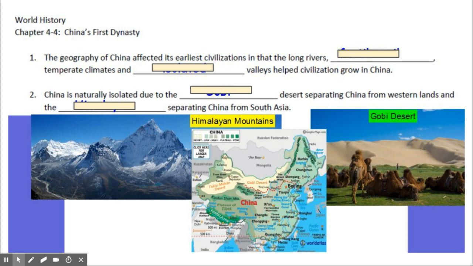The geography of China affected its early civilizations in that the long rivers, fertile soil, temperate climates, and isolated valleys helped this civilization grow. China is naturally isolated due to the Gobi Desert, which, if you take a look at the map below, is in the northern part of China, in the mid region there.